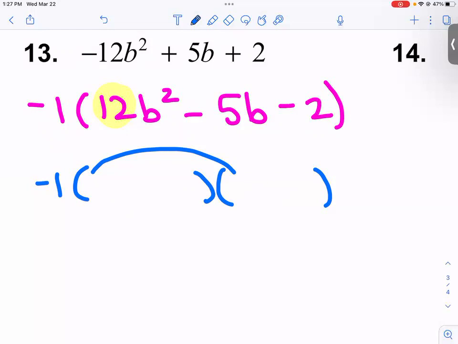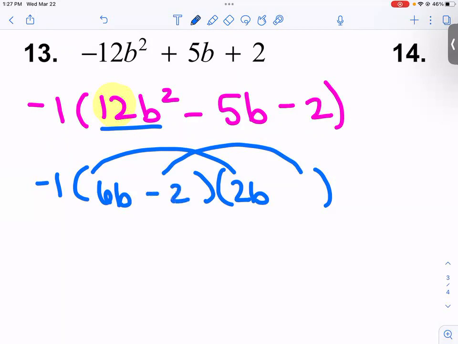Preston, what would you like to start with to get a 12b squared? Okay. And then to get our negative 2, negative 2 plus 1.